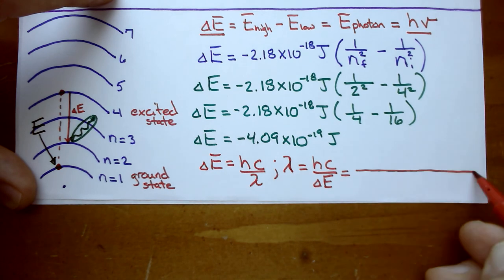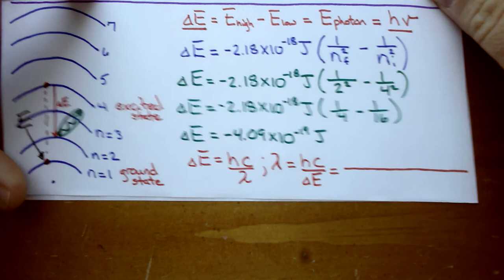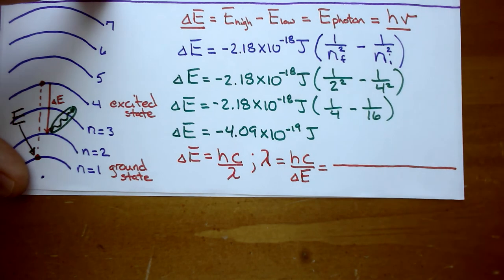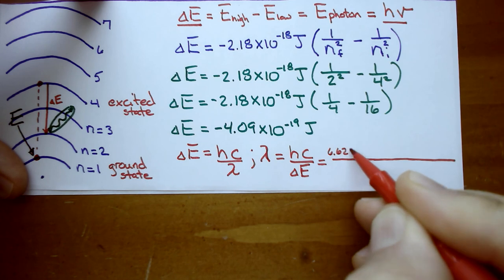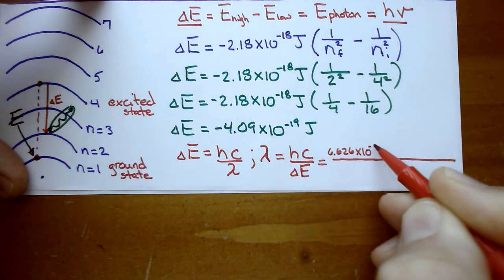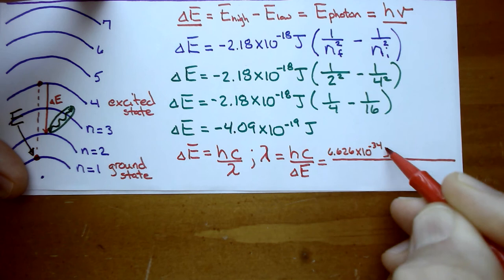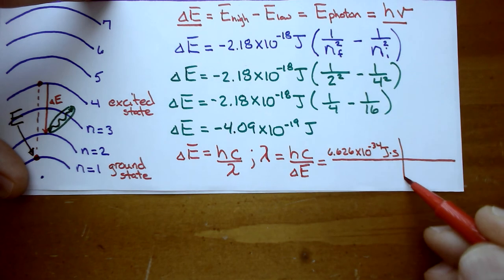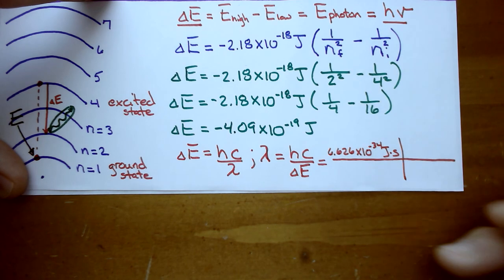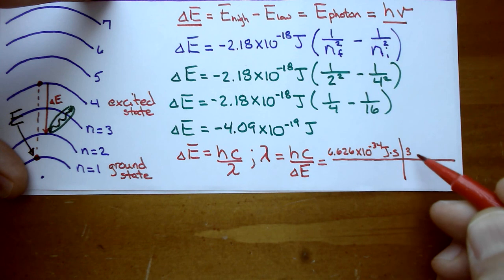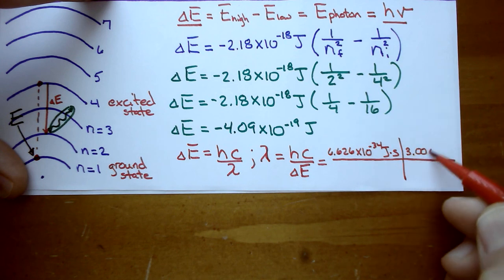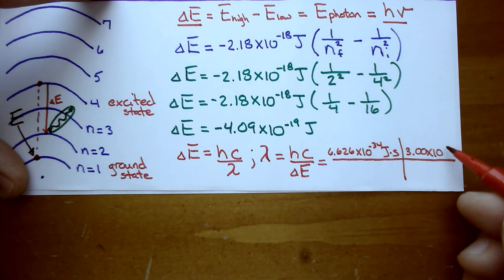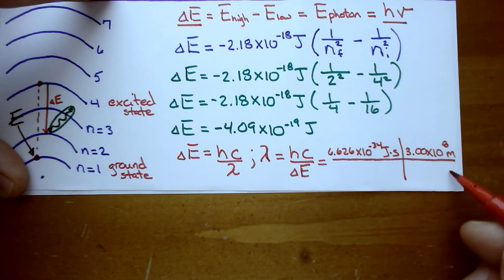And I'm running out of space, and I may have to go to another page. I was hoping to get it all on this page. But what we have is 6.626 times 10 to the negative 34th joule seconds. The speed of light was 3.00 times 10 to the 8th meters per second.